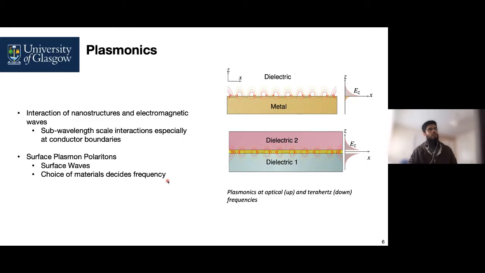Now, the observation of surface plasmons, as we just saw from this figure, depends on the choice of materials. And this choice of materials will decide at what frequency or wavelength our system will operate.